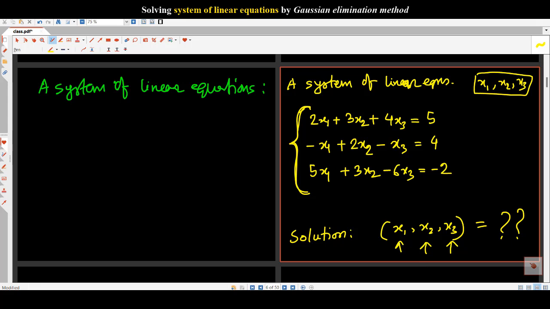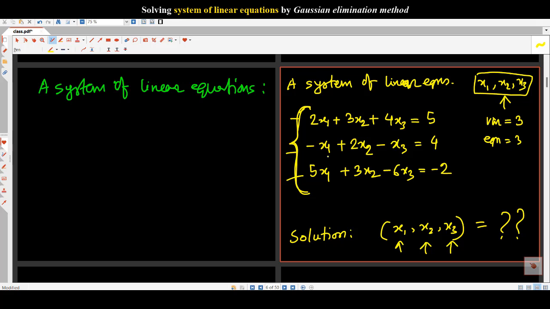Together we have x1, x2, x3, and that is the solution. This system of linear equations is one system in 3 variables. How many variables do we have? There are 3 variables. How many equations do we have here? 1, 2, 3. We also have 3 equations.